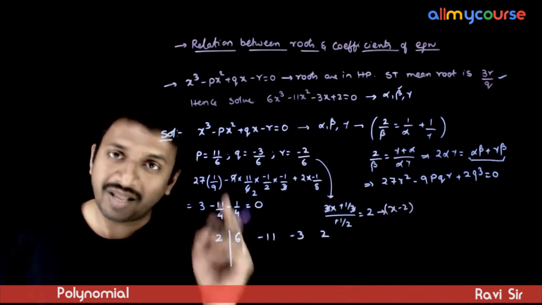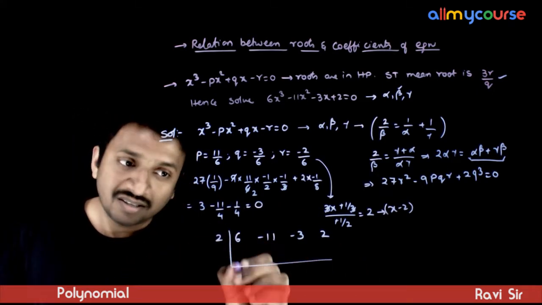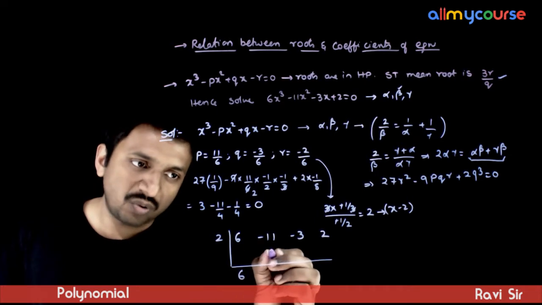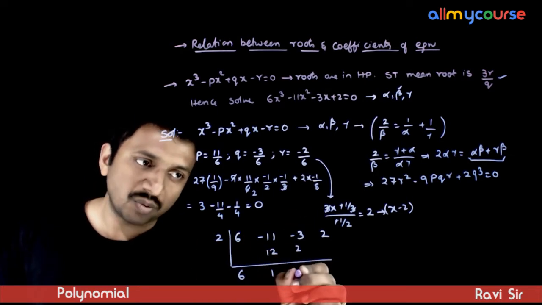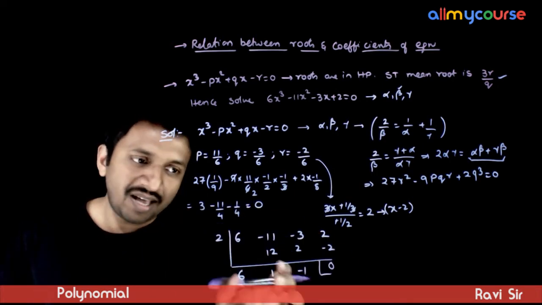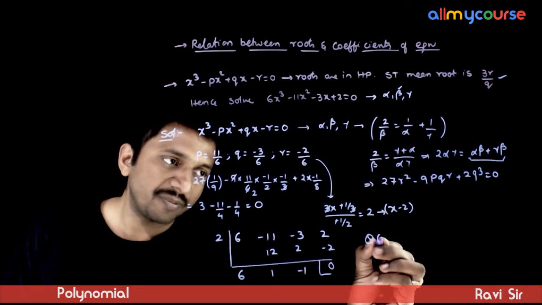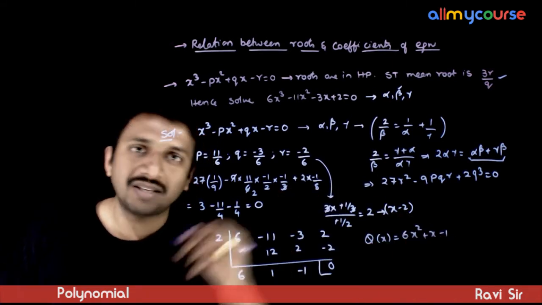So I'll write plus 2 instead of minus 2. So let us do the division. 6, 6 twos are 12, 1, 1 twos are 2, minus 1, minus 2. So the remainder is 0. Hence the quotient is 6x square plus x minus 1.